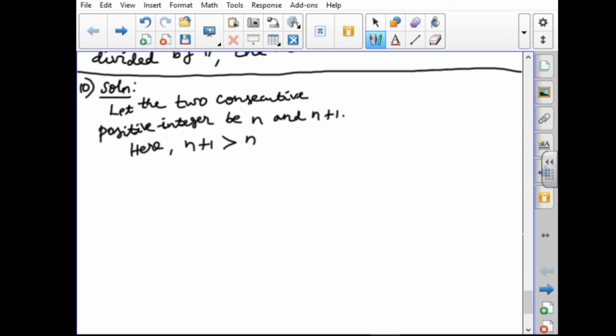If you substitute any value, n plus 1 is greater and n is the smaller value, so you write like this. Here we have to use Euclid's division lemma.